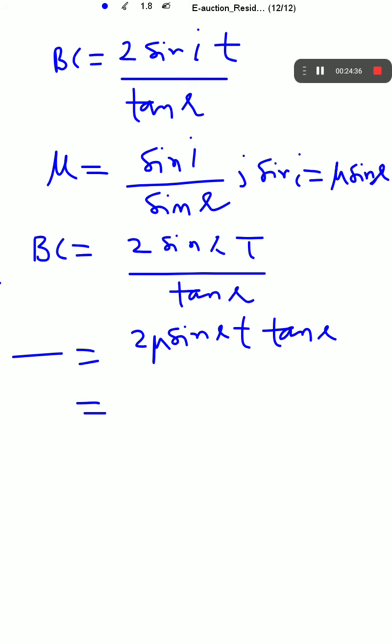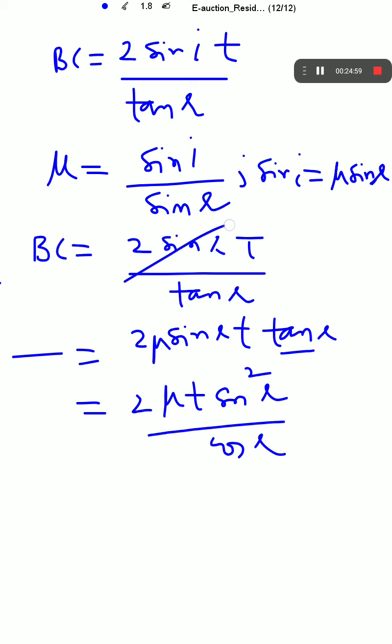So this will become 2 mu T sin R and tan R. This will become sin by cos. So sin R will be here, sin R square divided by cos R. So this has been modified. This is BC.